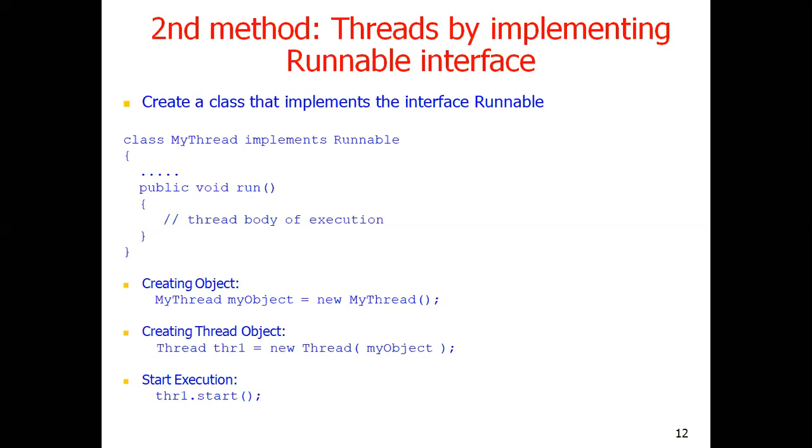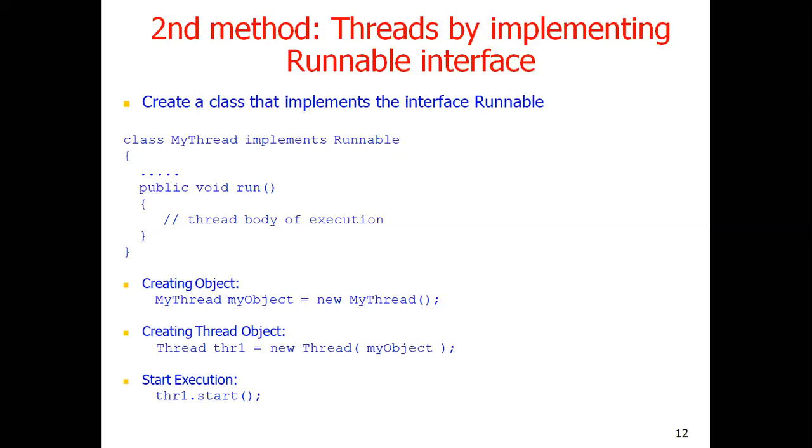Even though we are implementing the Runnable interface to create a thread, you have to explicitly call the Thread constructor, and pass an object of our class, myThread. So thread1.start. Once you call the start method, it will automatically call the run method.